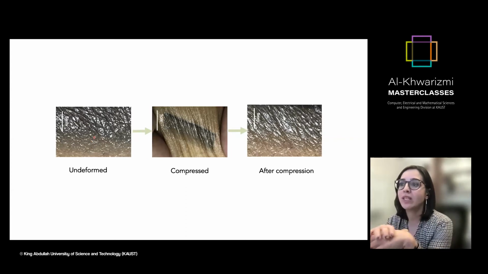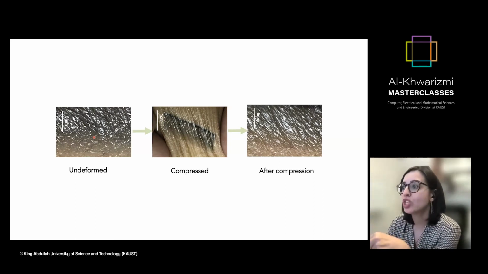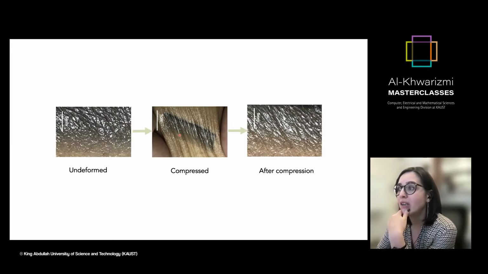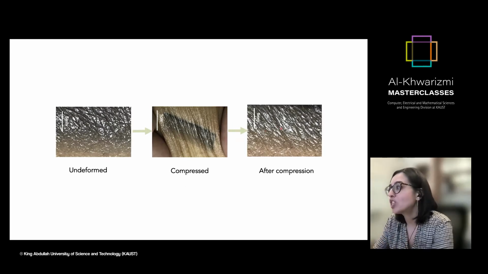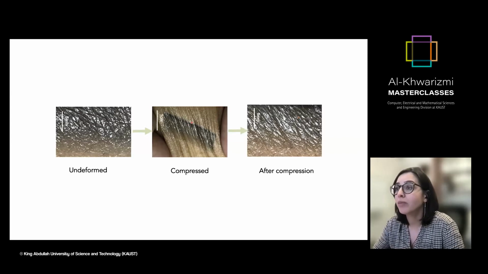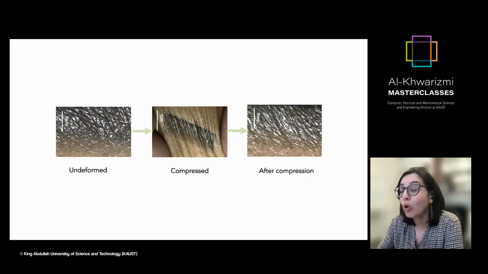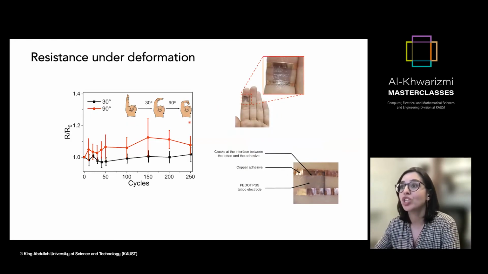So this is when the skin is just undeformed, so there's no change. Once we compress it, you see there's really no change in PEDOT integrity, and after compression it goes back to its initial state. This is all because of the softness of the polymer that we are using, which is able to move with the skin's motion.